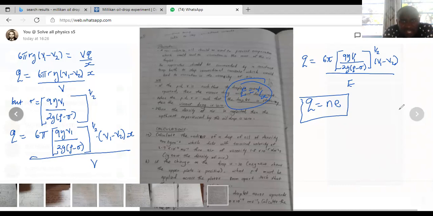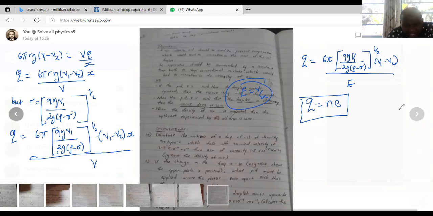So that we do not vary the viscosity. Because if we have a different viscosity, you've seen rain of late. When rains start falling and there is a storm, the wind you feel blowing to you is not the same wind you feel when there is sun, or when it is shining. So for that reason, to have a constant viscosity, we use a constant temperature bath.